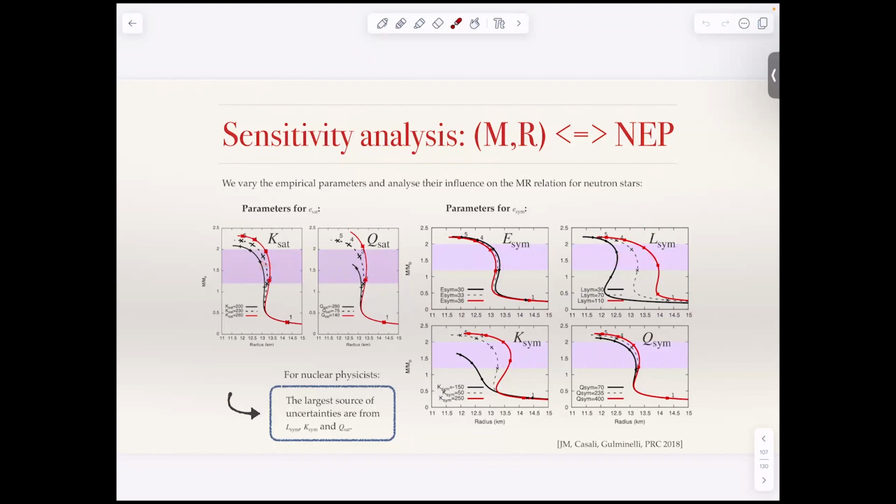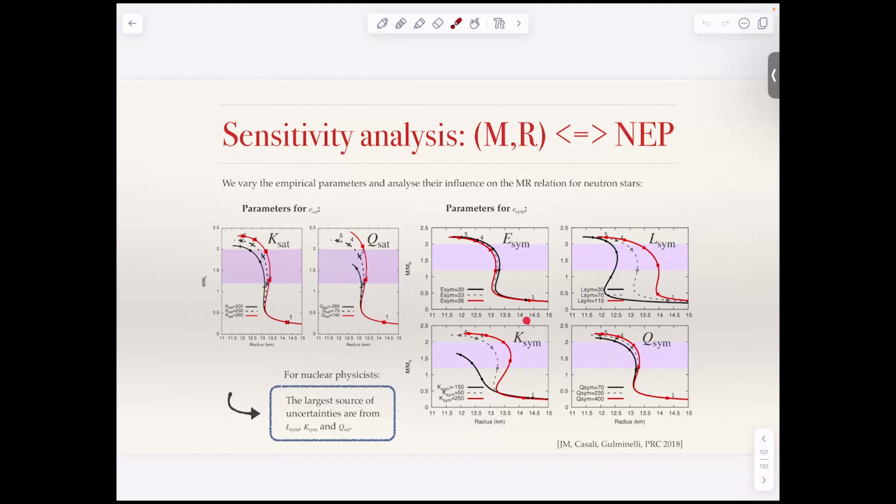So this plot tells you that the slope of the symmetry energy is a quantity which is extremely important to determine accurately if one wants to make an impact on radii of neutron stars.